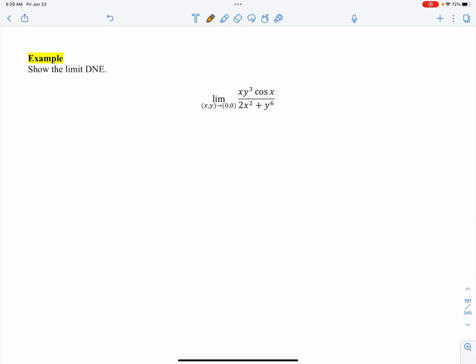Okay, looking at this one. Let's try the first path that we're going to do, along x equals 0. I always try these first because they're the easiest to plug in. So we get the limit as (x, y) approaches (0, 0). I'm going to put 0 everywhere there's an x.